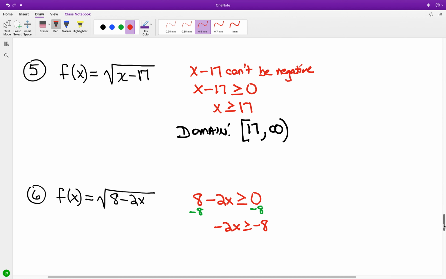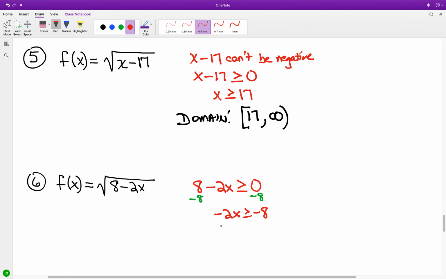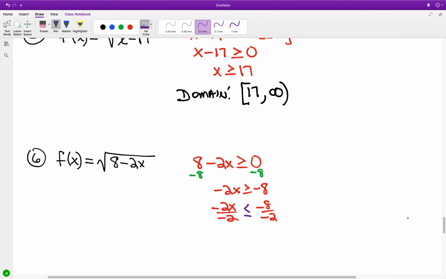And again, we are back in the scenario of dividing by a negative. With division by negative 2, I'm going to change the direction of the inequality. So again, if I multiply or divide by a negative, the direction of the inequality is going to change.